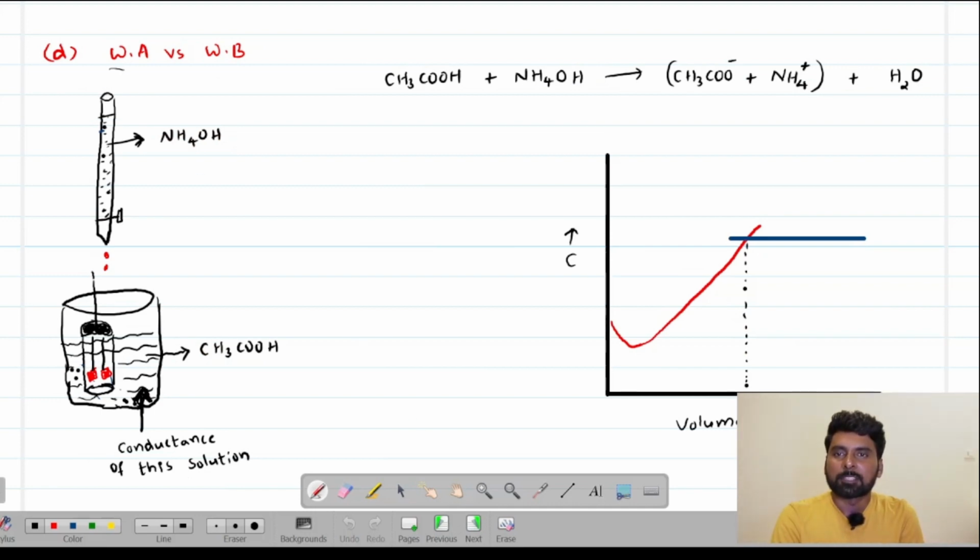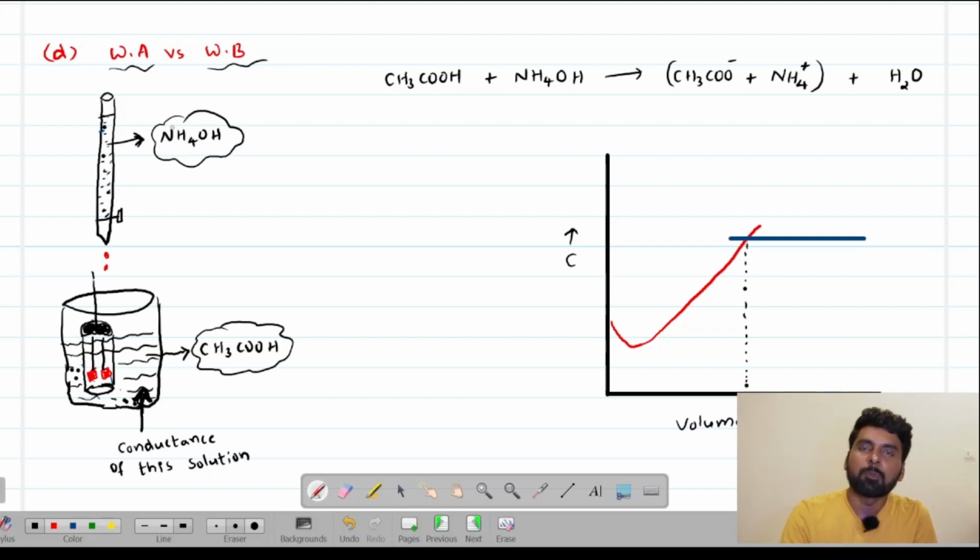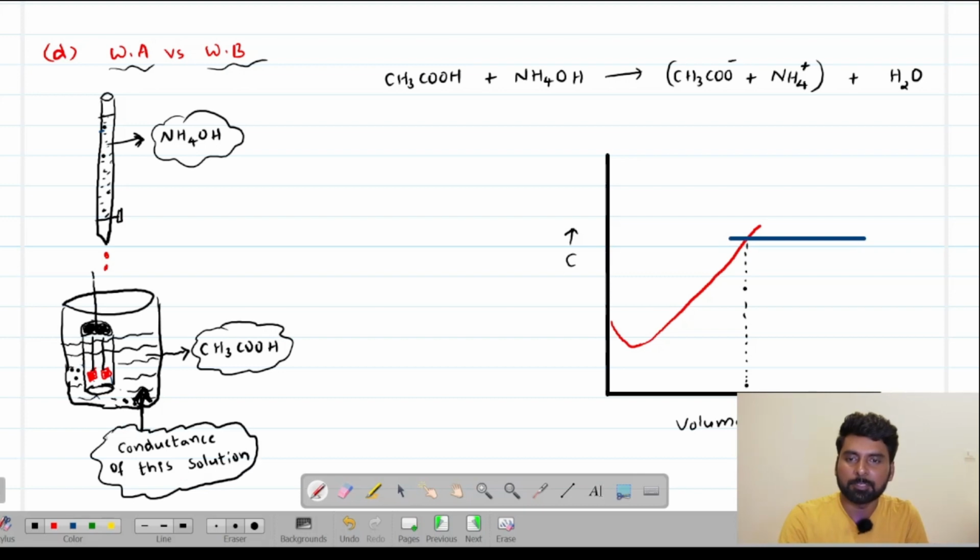Now take the next one, weak acid versus weak base titration. Which weak acid am I taking? Acetic acid. Which weak base am I taking? Ammonium hydroxide. So when you do the titration of these two, which solution conductance are you measuring? Conductance of this solution. This is the weak acid, this is the weak base, but the salt that is formed is a strong electrolyte.